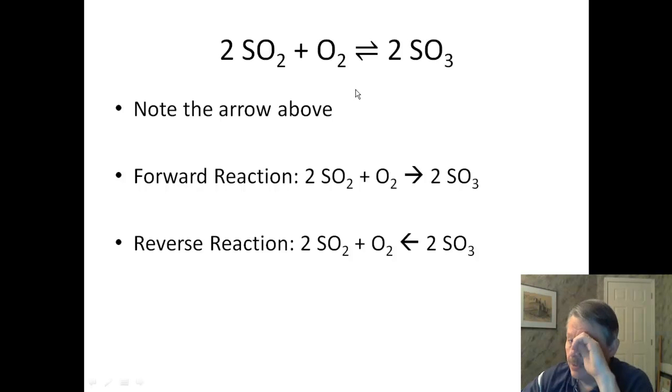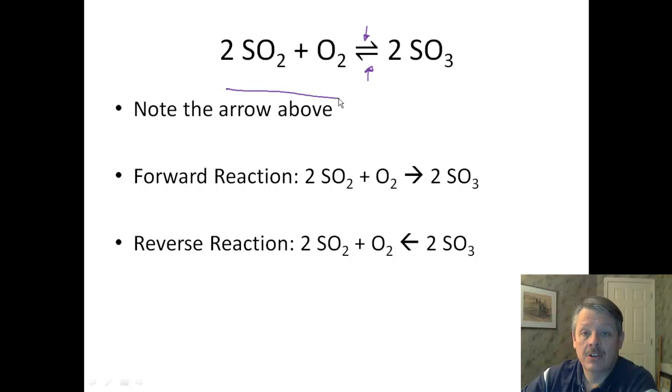All right, let's look at a particular reaction. First thing to do is note the arrows. Notice you have an arrow going forward and an arrow going backwards. This is what indicates to you that we have a reversible reaction, and that it is at equilibrium. So your forward reaction is going this way. So you'll notice that this is what we see as a forward reaction, and we have an arrow there.